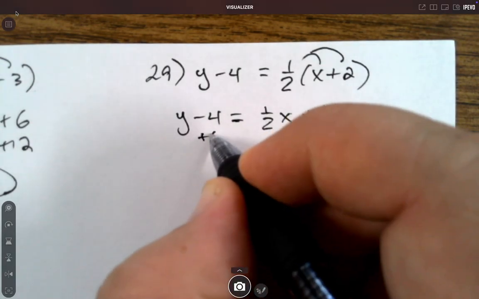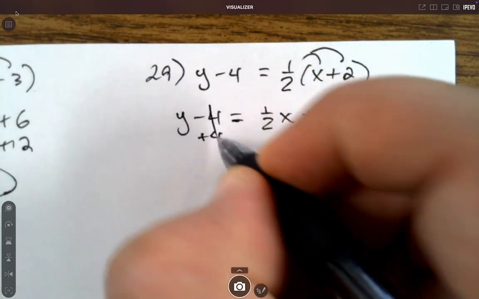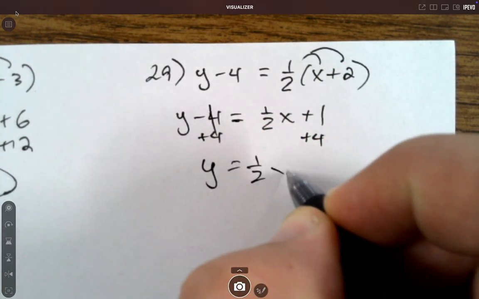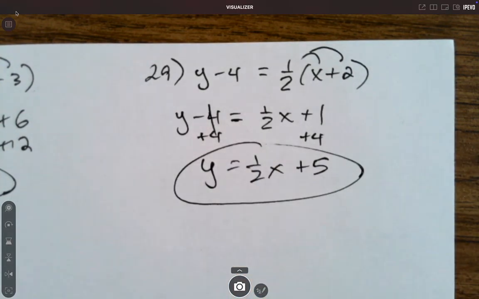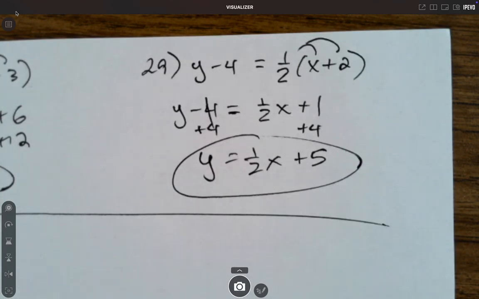And then add 4 to both sides. So y equals 1/2 x plus 5. Whew, okay, that completes Chapter 4, Section 2.